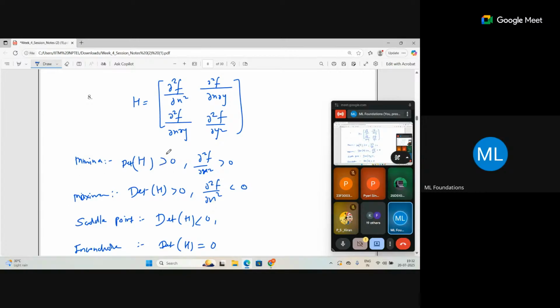See, if you wanted the determinant positive, in both cases you see that the determinant of H is greater than zero. If one of the quantities is negative, the multiplication is not going to be positive. That is why that is not going to happen. So that's why we can check either this is greater than zero or this is less than zero.